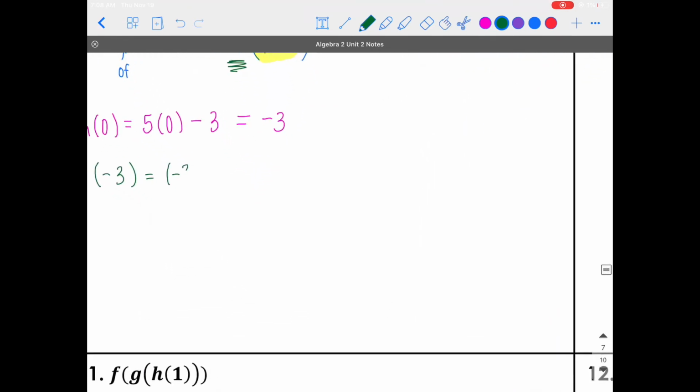So we have negative 3 cubed plus 8. And that's negative 19, and that is the answer.